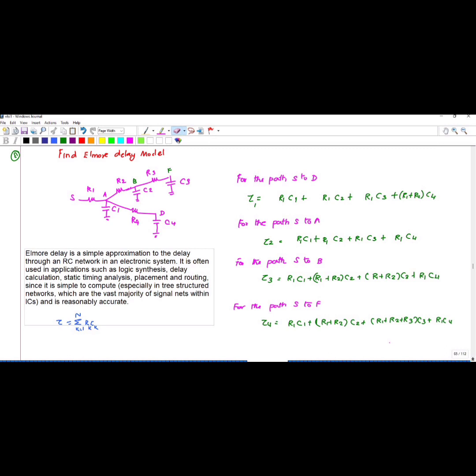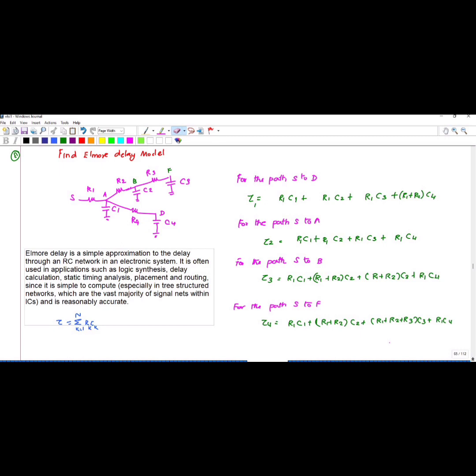Suppose we are calculating for the path S to B: you have R1 C1 plus (R1 plus R2) C2, and for F the path gets cut at B, so you have to write only R1 plus R2. You should not write R3. Similarly, you should not write R4 for the path to D, so you have to write only R1.